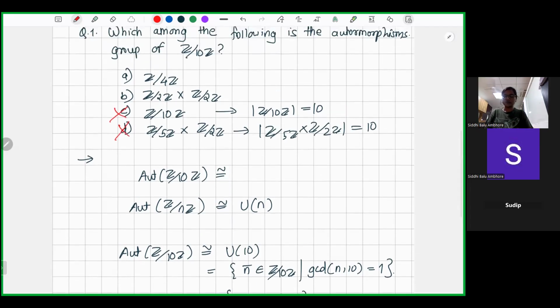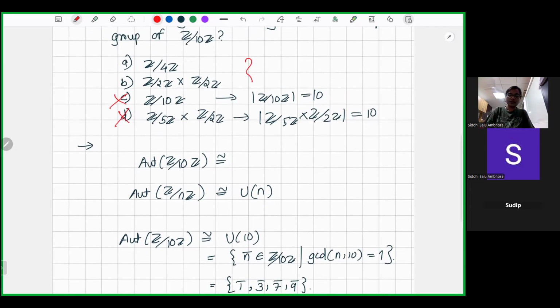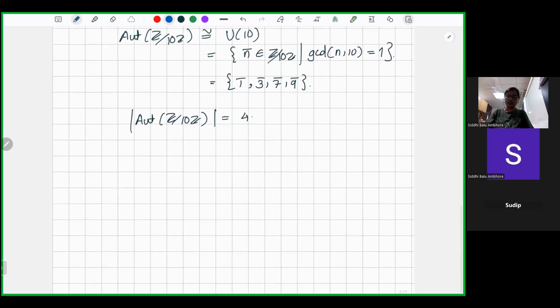So we have to check between these two, which have cardinality 4, that is Z4 and Z2 cross Z2.